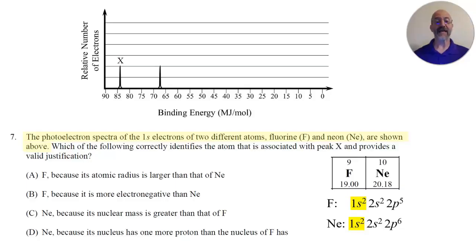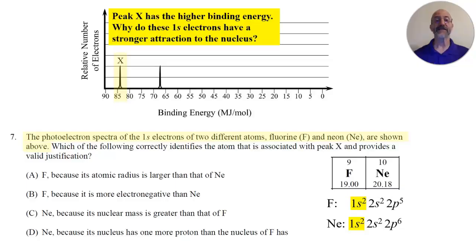And this question is asking which of the following correctly identifies the atom that is associated with peak X and provides a valid justification. So peak X is the one that has the higher binding energy. So the question we have to ask is, why do these 1s electrons have a stronger attraction to the nucleus? Now, in question 5 of this packet, we had been comparing potassium and calcium in terms of the ionization energy.